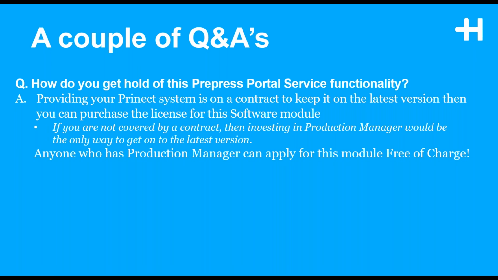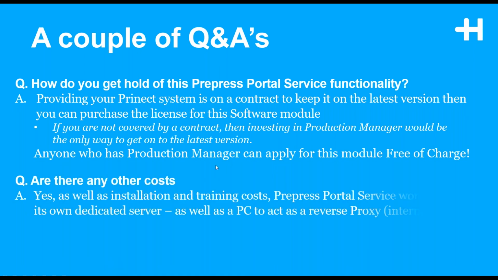It's included as part and parcel of the Production Manager, or ProMan for short, we call it, a suite of software. However, are there any other costs? Yes, there are. You would need installation and training for Prepress Portal Service, and it would also require its own dedicated server. You wouldn't put your main Prinect server out on the internet.